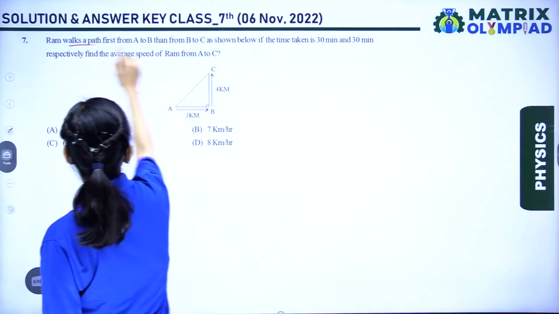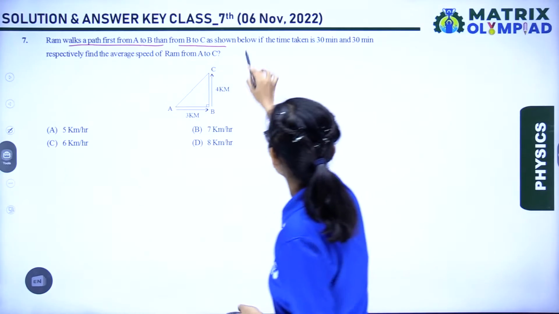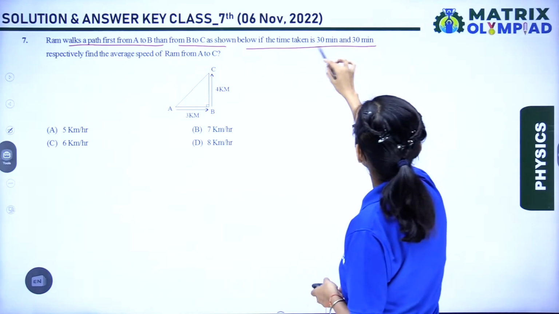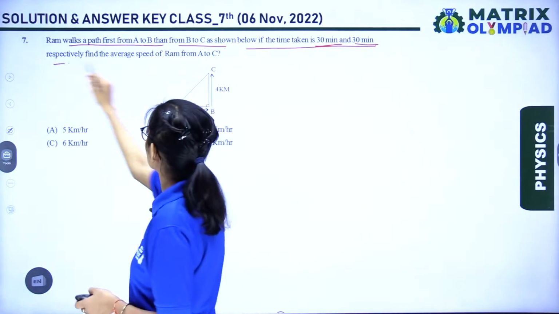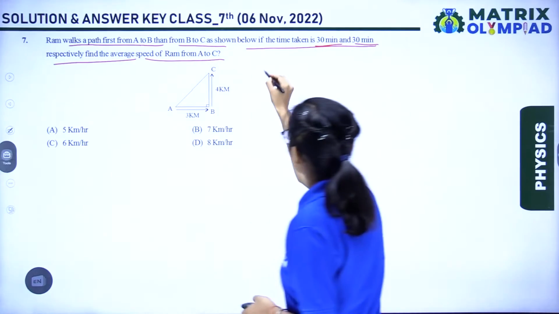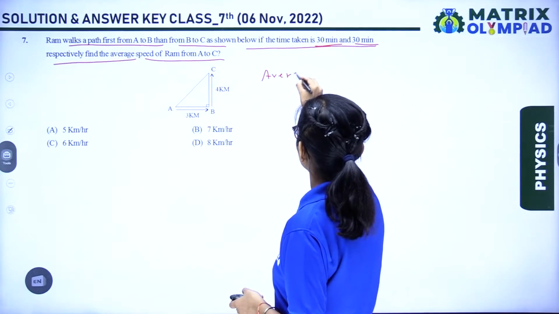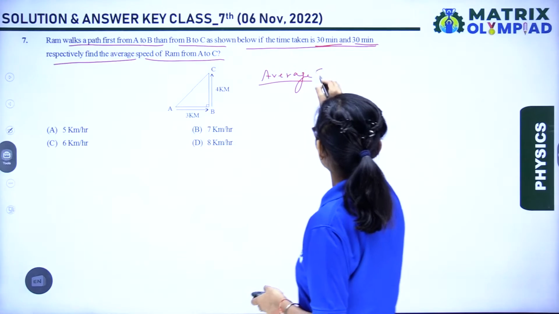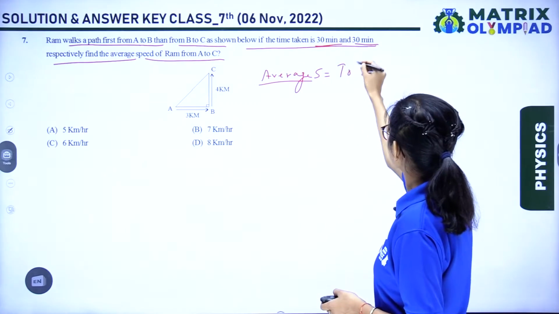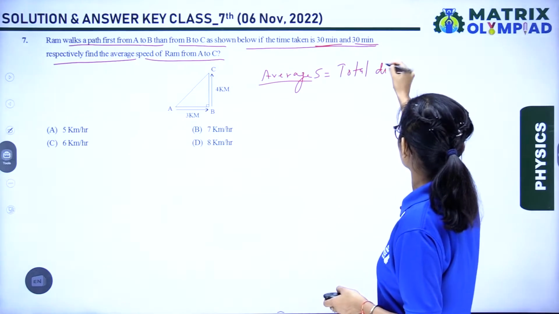Now come to question number 7. Ram walks a path first A to B, then B to C, as shown below. If the time taken is 30 minutes and 30 minutes respectively, find the average speed of Ram. If I am talking about the average speed, then it is total distance upon total time.